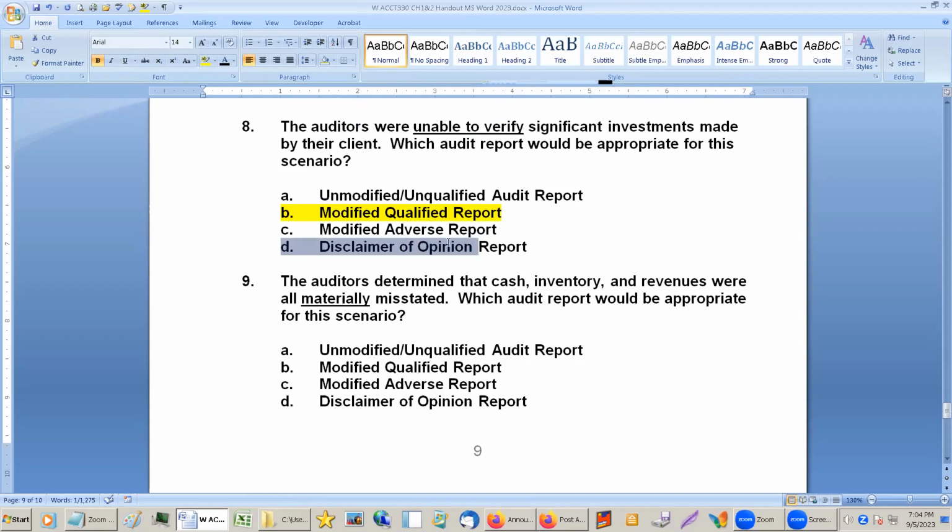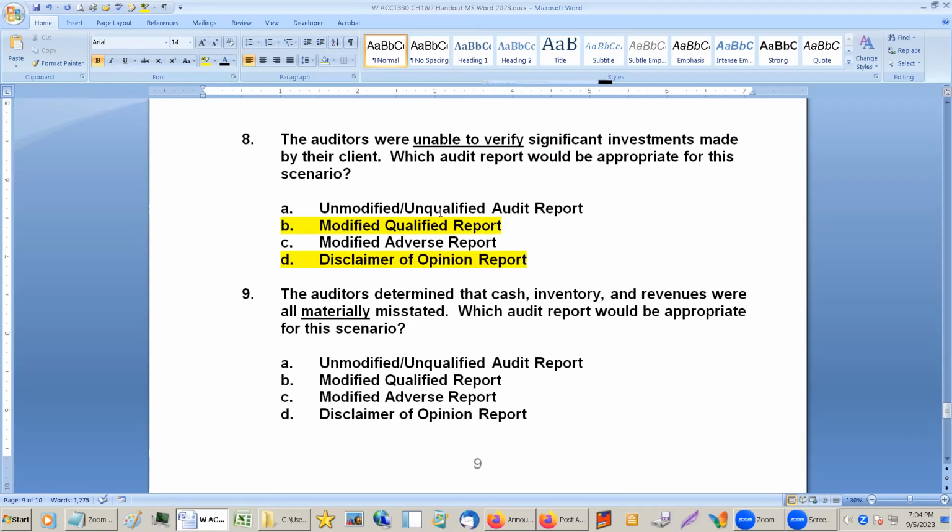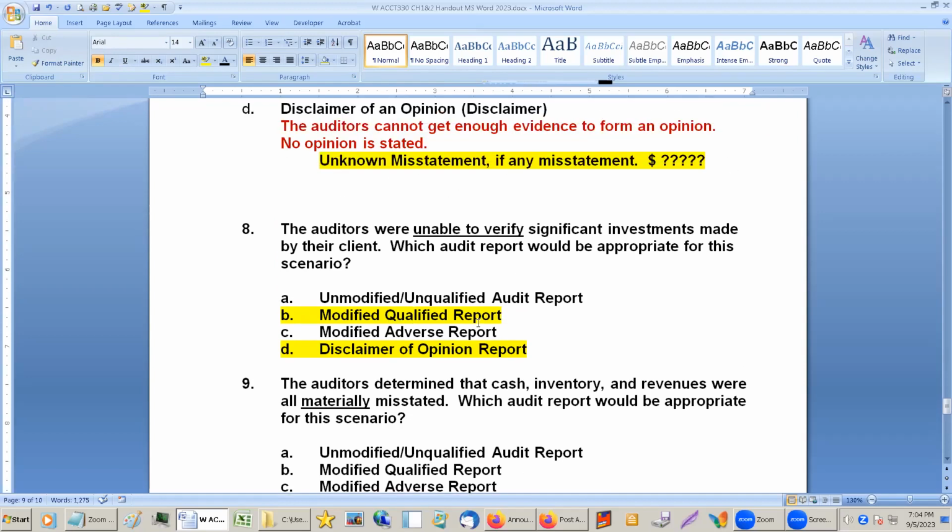And again, the qualified report would be put out, and you put right in the report, look, we can't verify this significant investment of however many dollars. And the idea would be that even if that was a problem, the financial statements are still fairly presented.